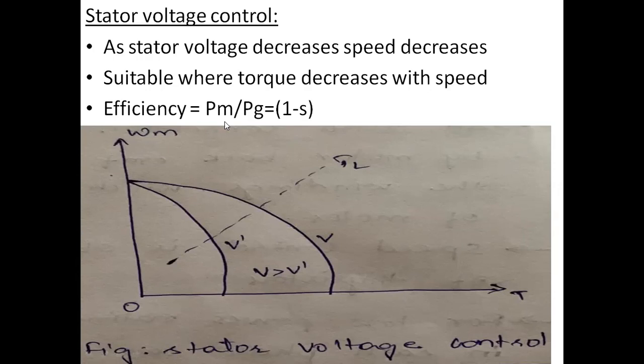If I am able to sacrifice some amount of input power, then I can control the speed. So speed control is obtained by dissipating a portion of the rotor power input, in the form of resistance, in the form of heat. So what happens if the power is dissipated?